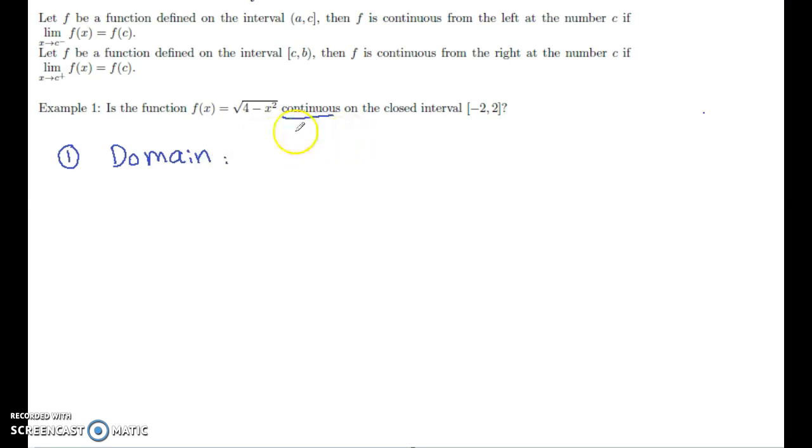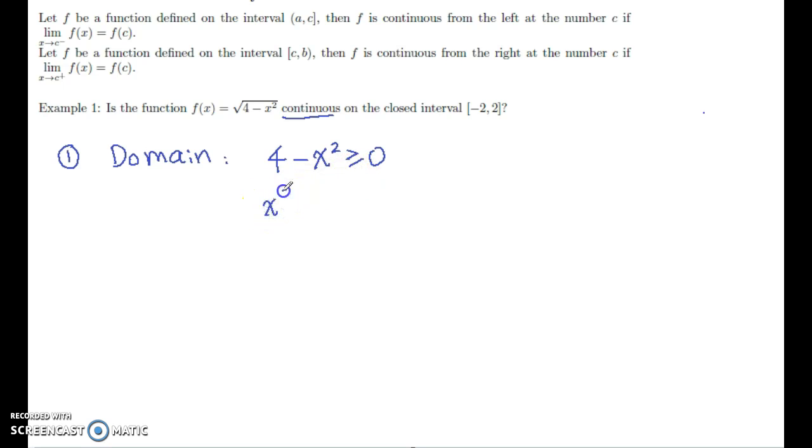Because we have a square root, there is a restriction: we must have 4 minus x squared to be non-negative because we cannot take the square root of a negative number. Then we solve this inequality. We can factor, or we move everything to the right hand side, or multiply both sides by -1.